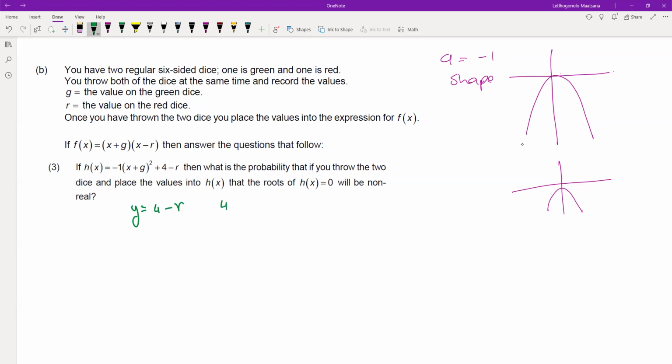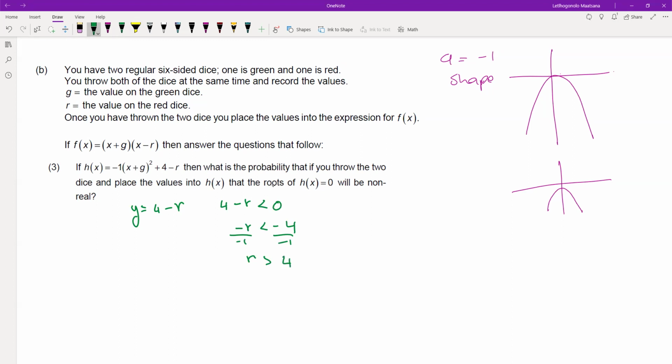So it means that 4 minus r must be less than 0, because we want it in the negative y region there. Then we will get negative r must be less than negative 4. We will divide both sides by negative 1. Then r must be greater than 4.